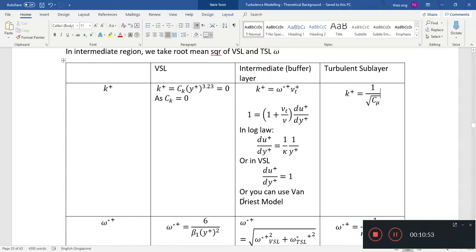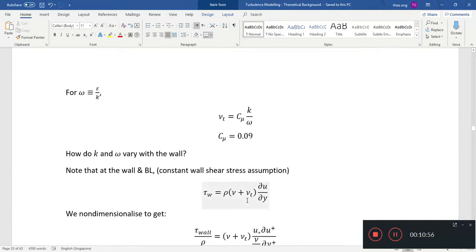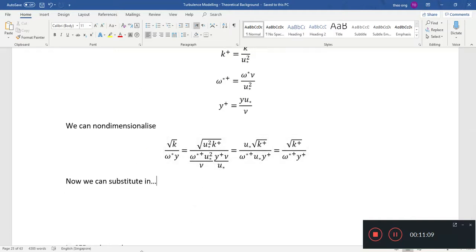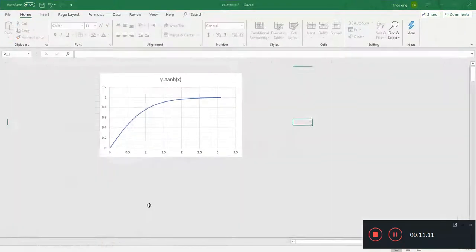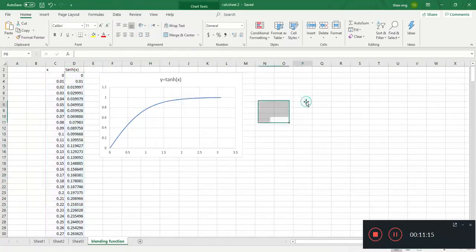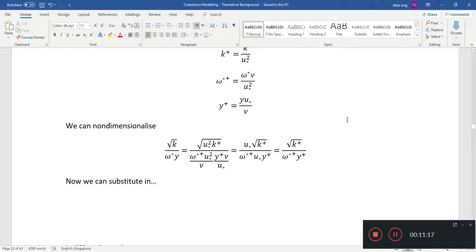I want to put all of this in Excel, of course, and see how these actually evolve. So we open our Excel file. This was our old plotting function to see how this hyperbolic graph actually works.